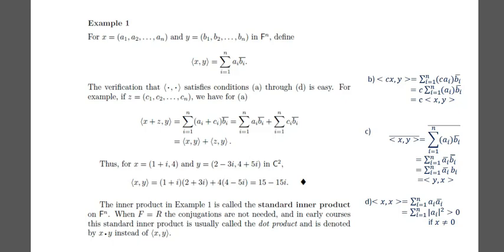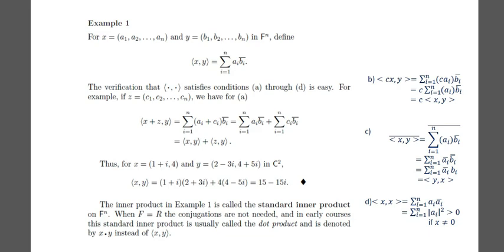Now the second part, the inner product of cx, y can be written as the summation i equal to 1 to n of c a_i times the conjugate of b_i. This c, being independent of i, can come outside of the summation, so we can write this as c times the summation of a_i times conjugate of b_i, which is equal to c times the inner product of x, y.